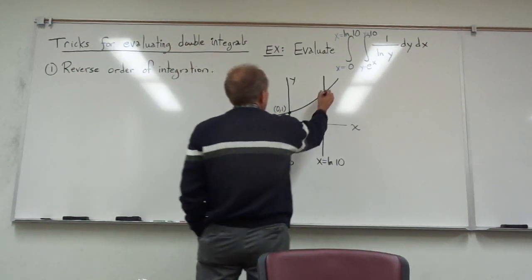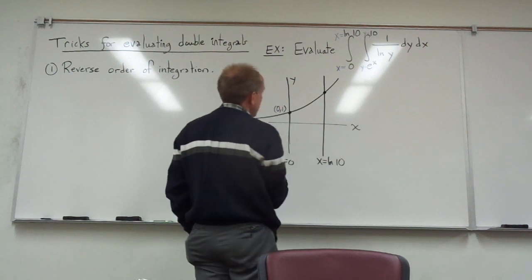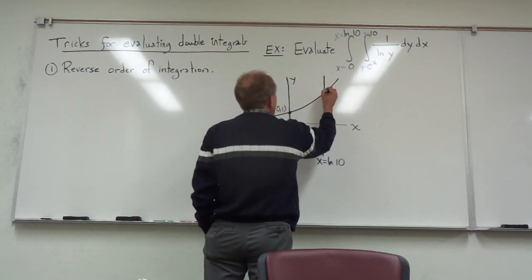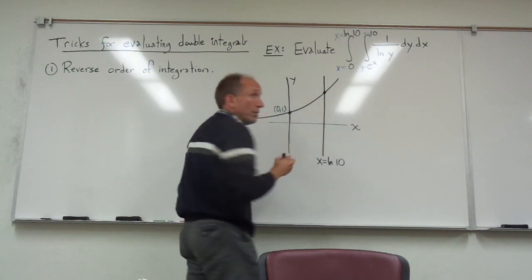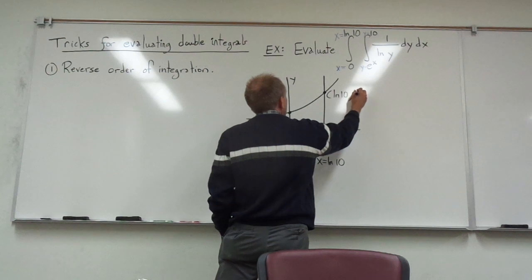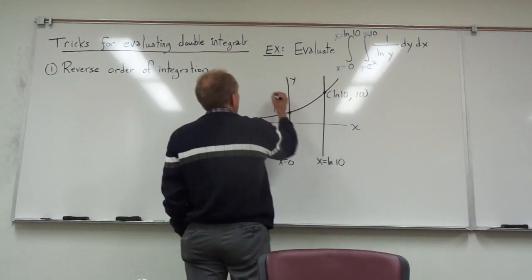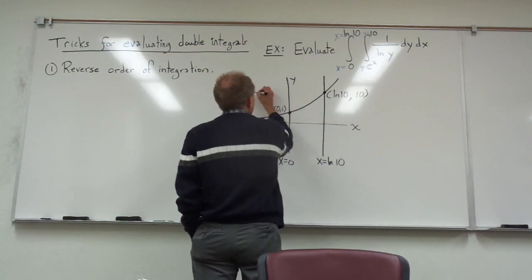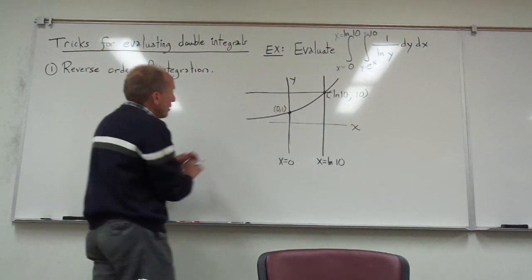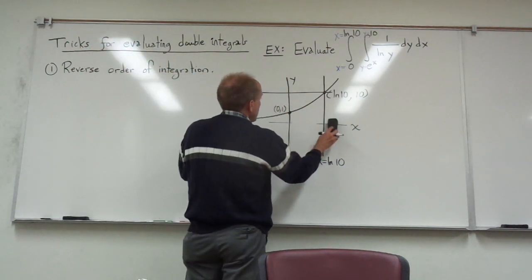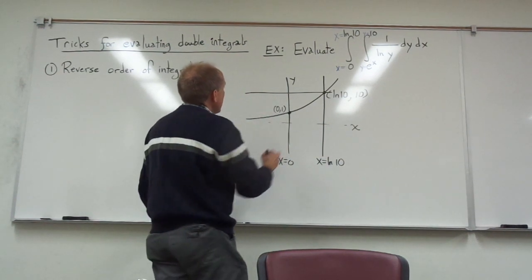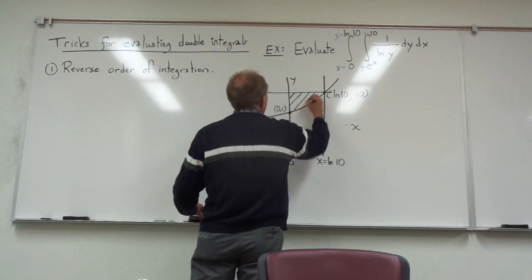When I plug in ln of 10 here, what's that going to give me? e to the ln of 10 is just 10. So this is the point (ln of 10, 10), and y equals 10 would go right through that point. If you remember that the x-axis was not one of the curves here, then it becomes pretty clear what the bounded region is.